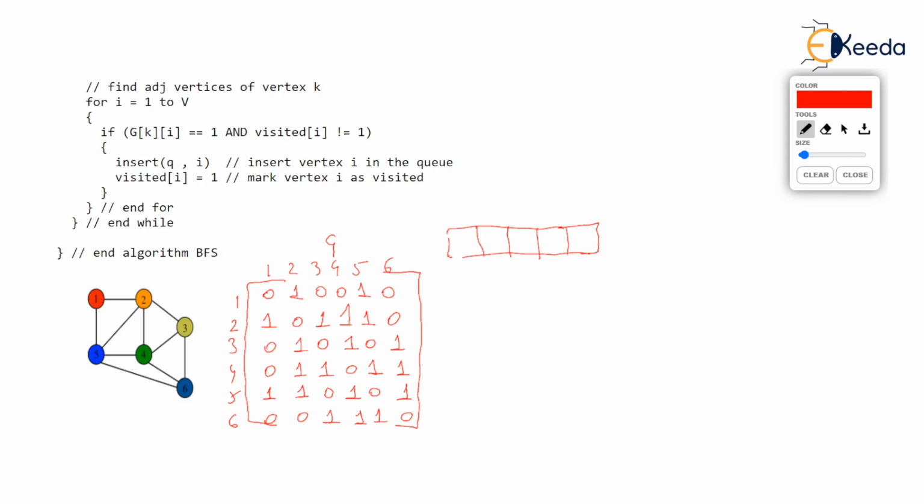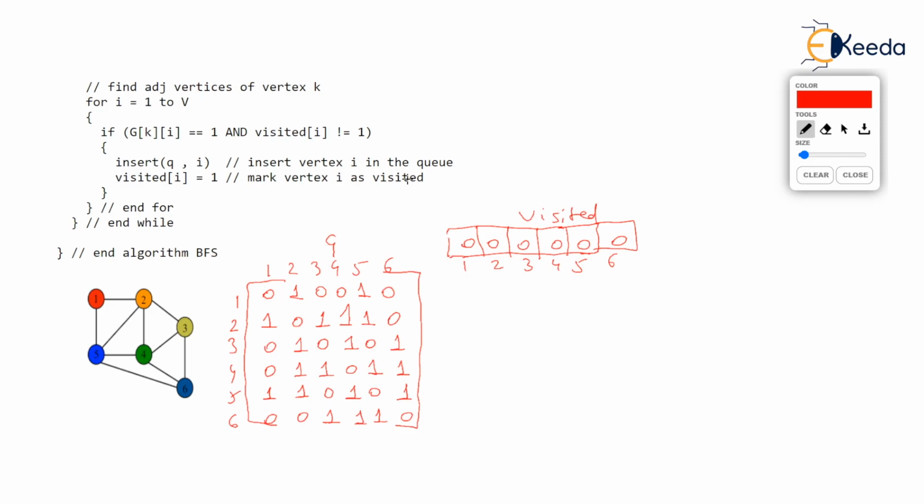From the earlier discussion, you know that the visited array will be used as a flag, and it will indicate whether a particular vertex is visited or not. 0 means the vertex is not visited, 1 means the vertex is visited.